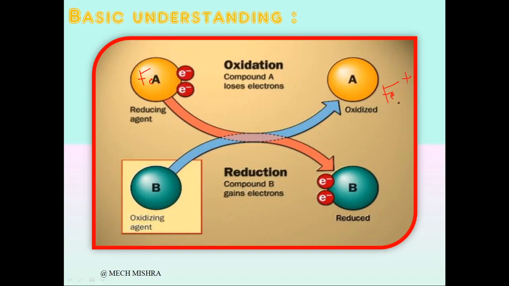Okay, so iron gets oxidized, and here H+ ions get the electron and are reduced. So that is reduction. Reduction is gain of electron, and oxidation is loss of electron. So when this process happens simultaneously, the metal corrodes.